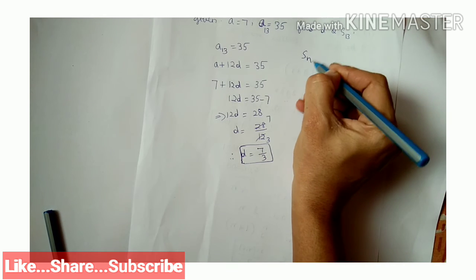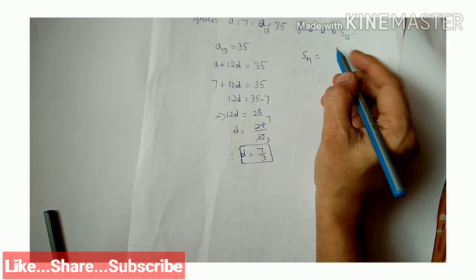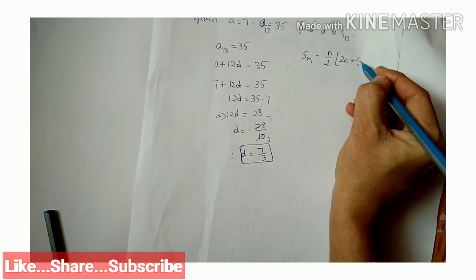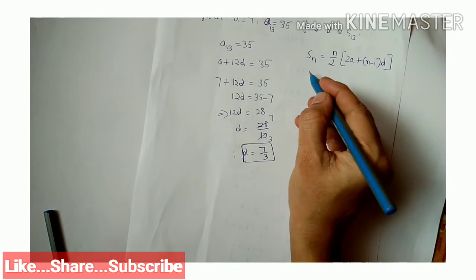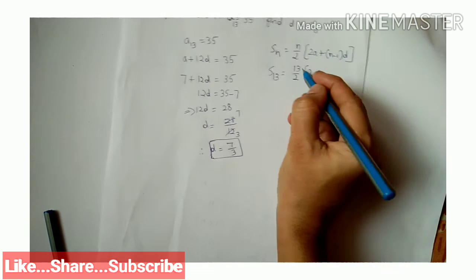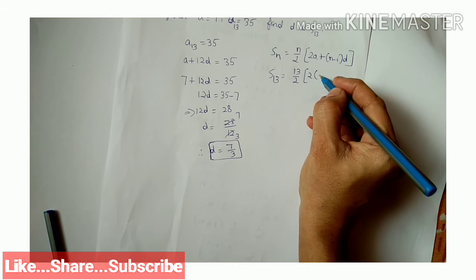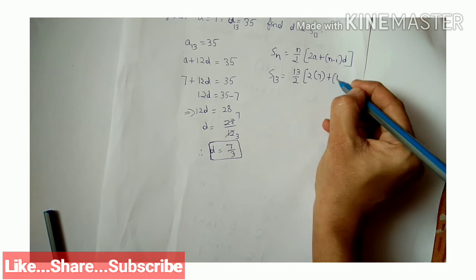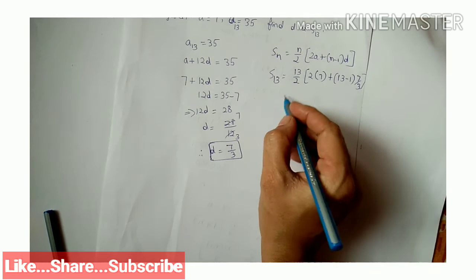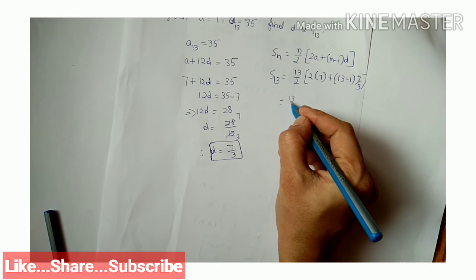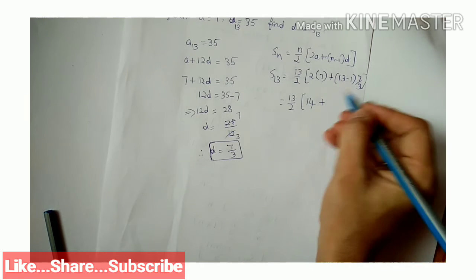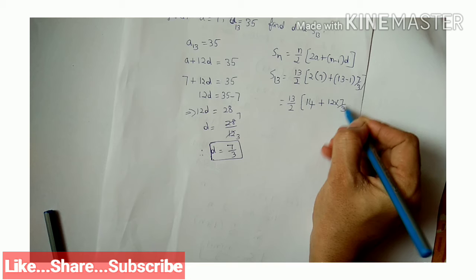S13. We know that sum of first n terms is n by 2, 2a plus n minus 1 into d. 13 by 2, 2 into first term 7, plus 13 minus 1 into d, 7 by 3. 2 7s are 14 plus 12 into 7 by 3.